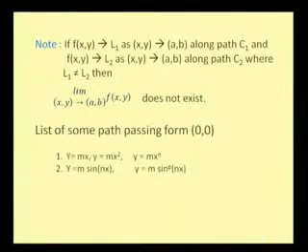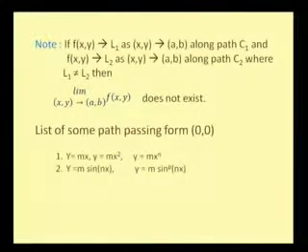in the limit case, if f of xy approaches L1 as xy tends to AB along the path C1, and f of xy tends to L2 as xy approaches AB along path C2, where L1 is not equal to L2, right?